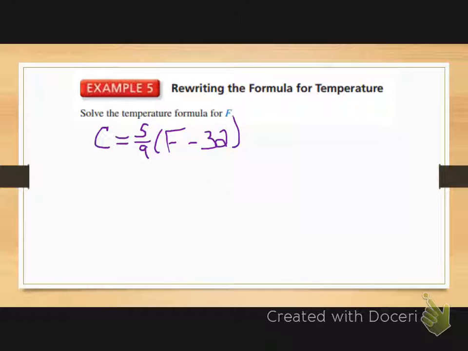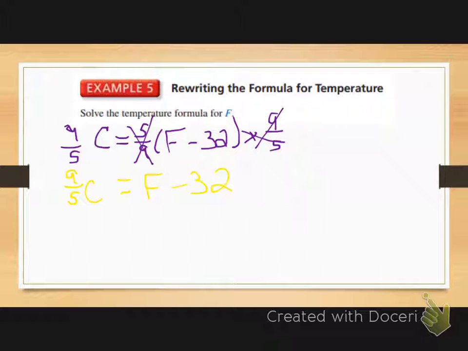Well, the first thing, instead of distributing, I'm just going to move this fraction over. To move that fraction over, I'm going to multiply by its reciprocal. So times 9/5. So that's going to cancel this out. So now I've got 9/5 C equal to F minus 32.